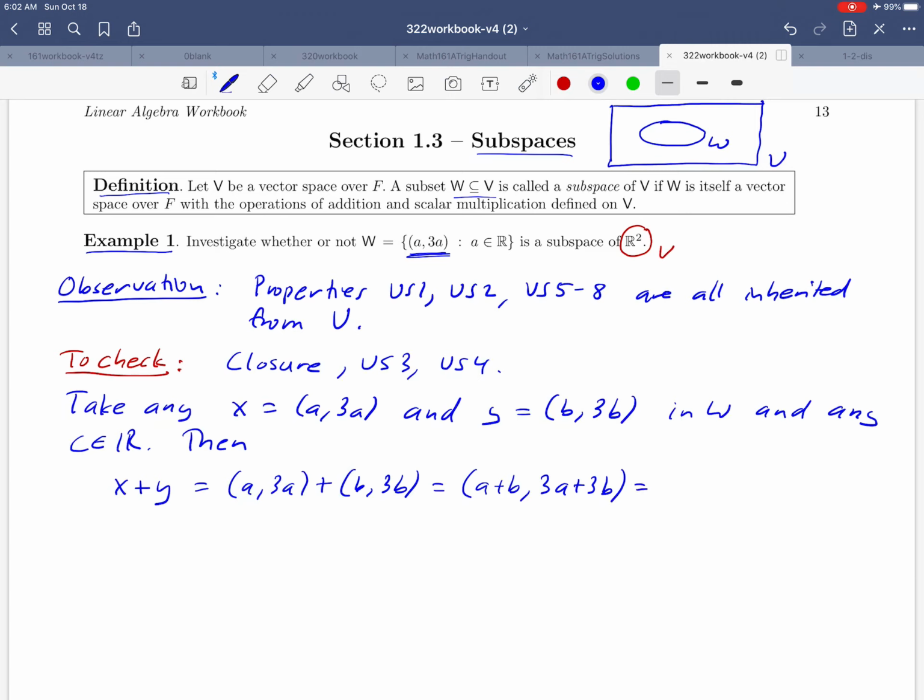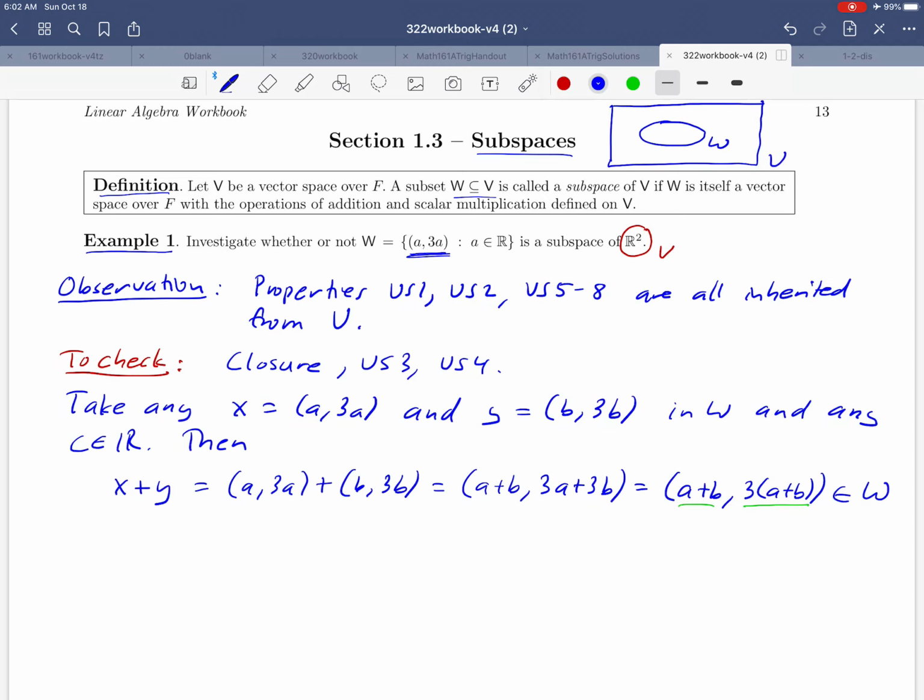We can do that by noticing that a 3 naturally factors out of the second coordinate. By doing that, we can look at this ordered pair and see that the second component is 3 times the first component, and that's exactly what it means to be in W, so we can say with confidence that that's in W.